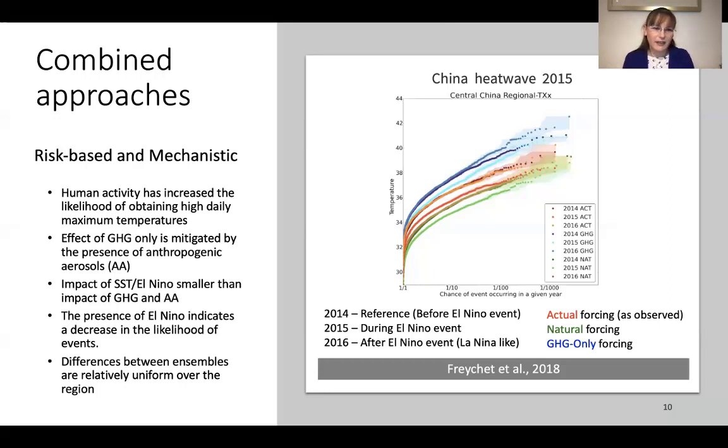The presence of El Nino actually decreases the likelihood of the events occurring, and we can see that these differences between the different sea surface temperatures that we used, the different large scale circulation patterns, are actually fairly similar between the different sets of simulations that we used.